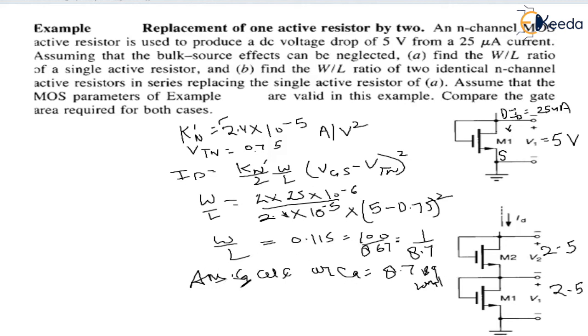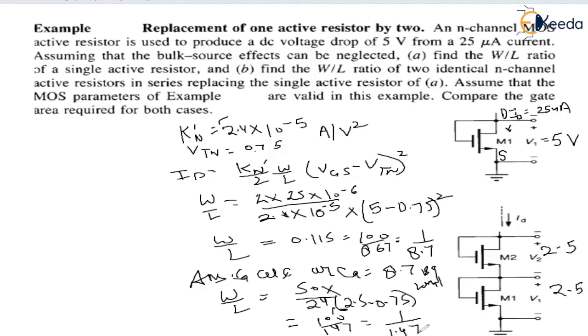Substituting all the values, VGS is 2.5, minus 0.75, and the W by L ratio becomes 100 upon 147, or we can say 1 upon 1.47. So the gate area will become 1.47 square units, and in the single resistor case it is 8.7 square unit.